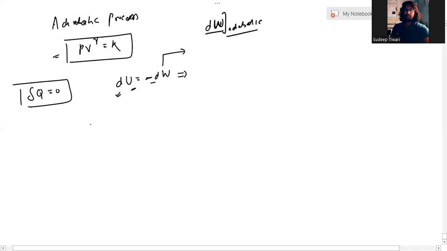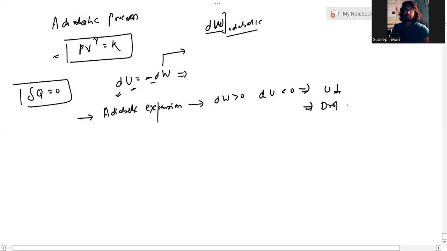So I'll write it here. When I'm talking of adiabatic expansion, work is done by the system. So if dW is positive, it implies dU is negative. If dU is negative, it implies that internal energy decreases. Internal energy decreases means a drop in the temperature. And when I'm talking of adiabatic compression, dW is negative, because in the compression case dV is negative.